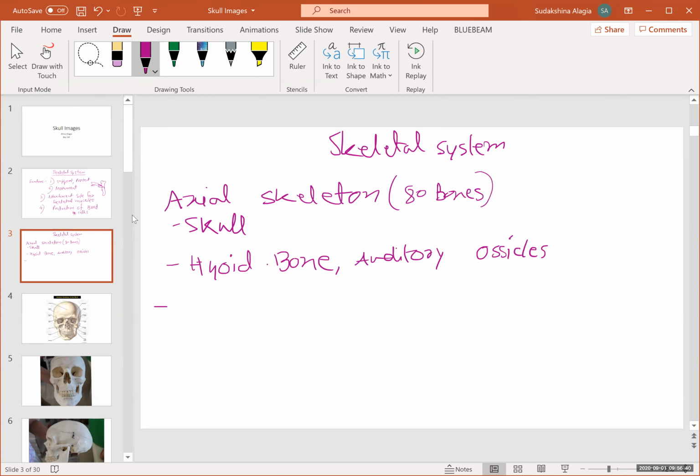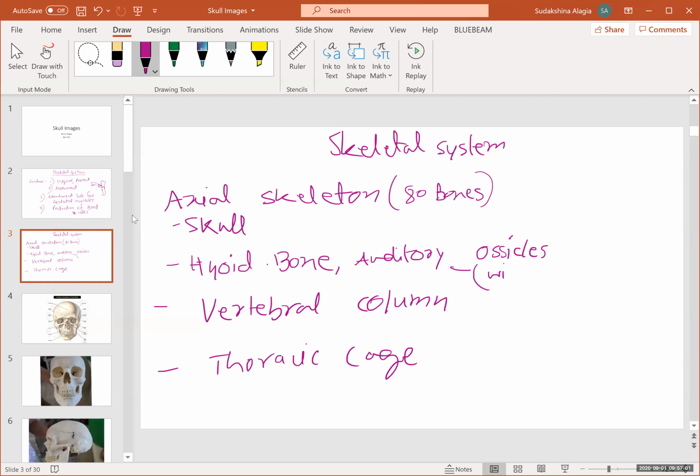Then the vertebral column, it's a large part. And last is the thoracic cage. So skull, hyoid bone, auditory ossicles. These auditory ossicles are within the skull, tiny bone.